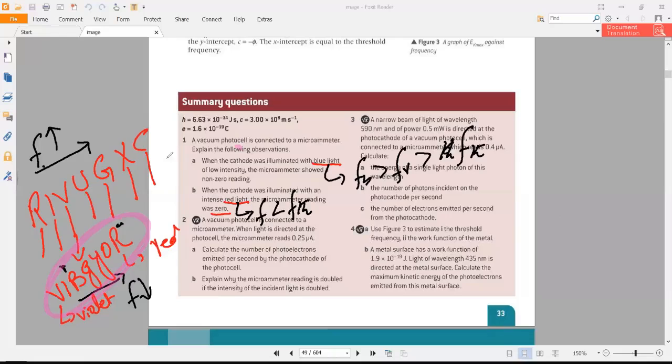What is this? This is cosmic rays. Wait, I think this is wrong. This is X. This is G. I remembered it long ago. Okay, wait, I will check it.